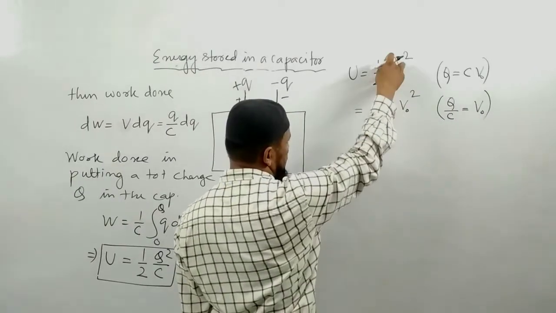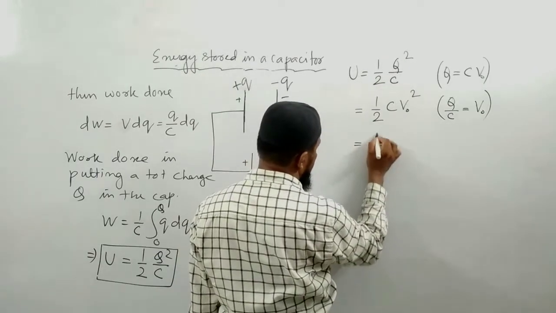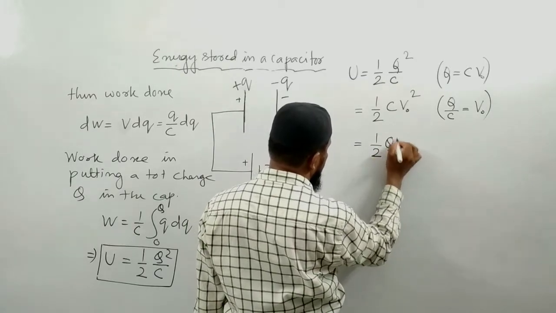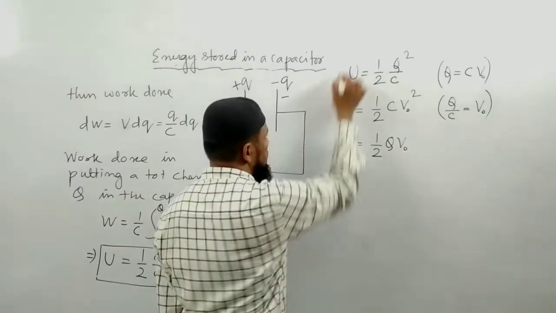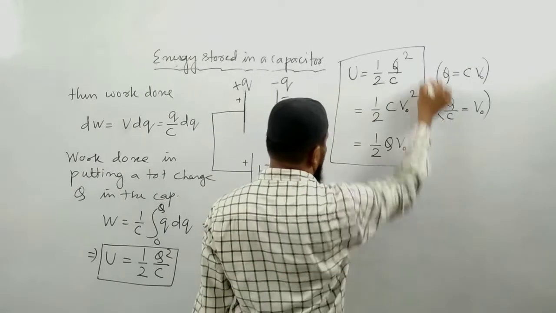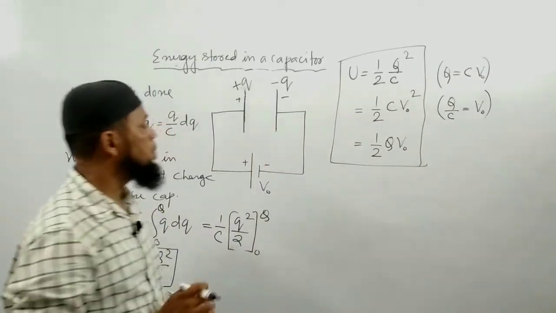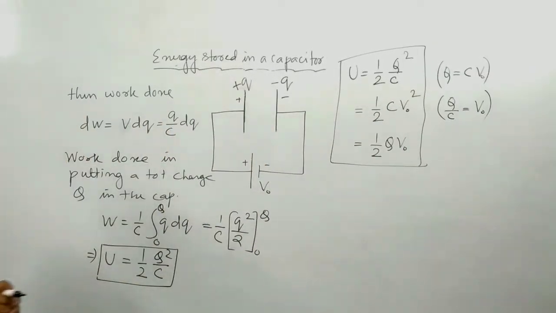So from this expression, one of the Q and C will get replaced by V naught: half Q V naught. This is the expression of energy that will get stored in the capacitor.